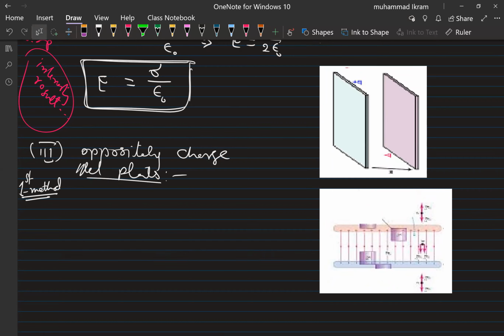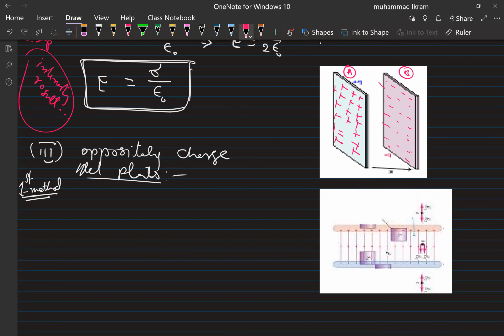So let us see the two oppositely charged parallel plates. This is plate A, and this is plate B, or 1 and 2. We will apply Gauss's law.